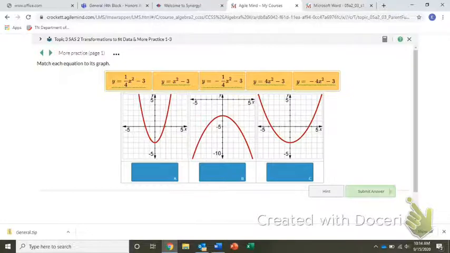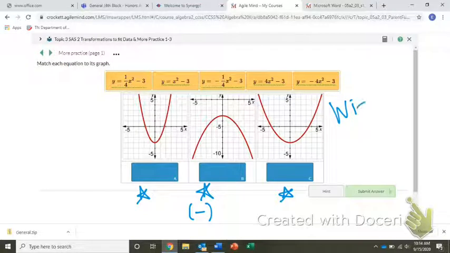Okay? So I'm going to write a few things to help you. This graph is going to have a negative sign out front because it is flipped. Okay? These 2 graphs are going to be positive.